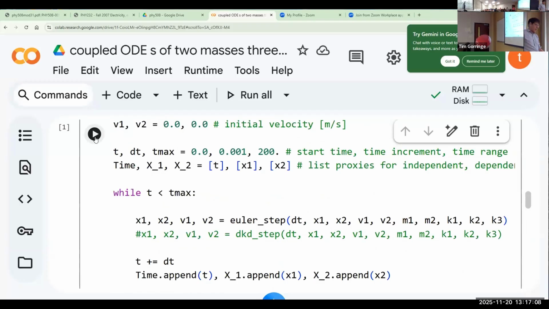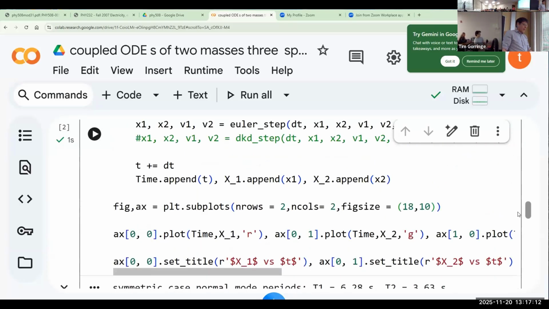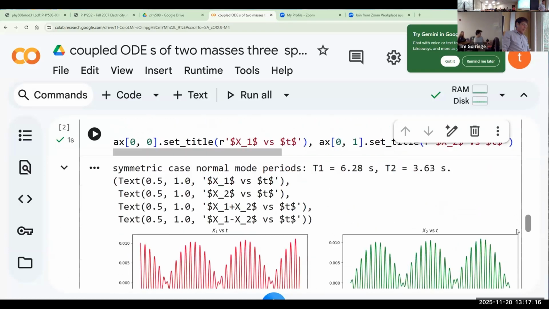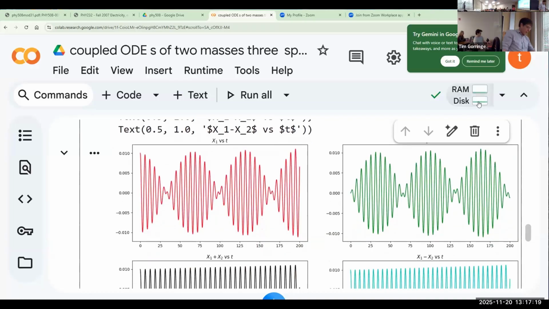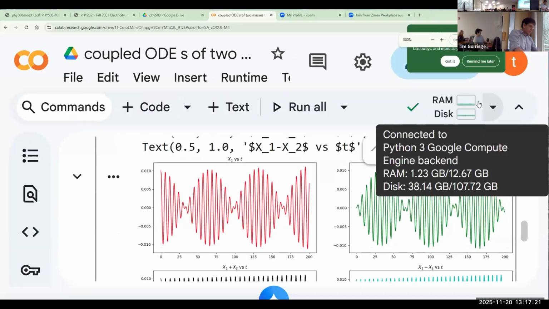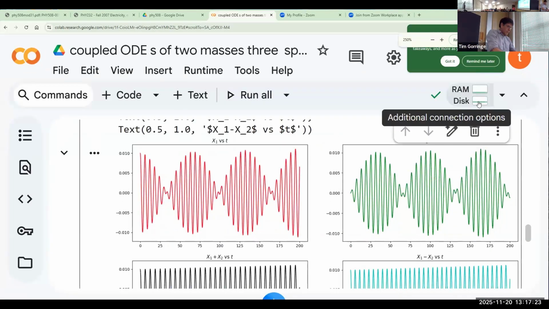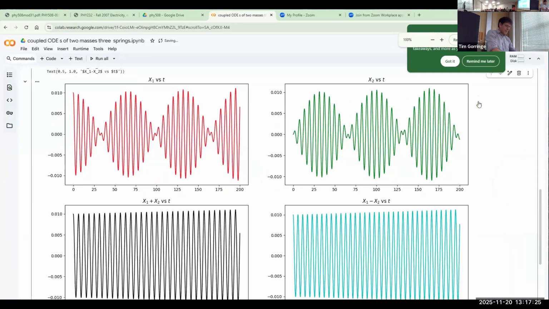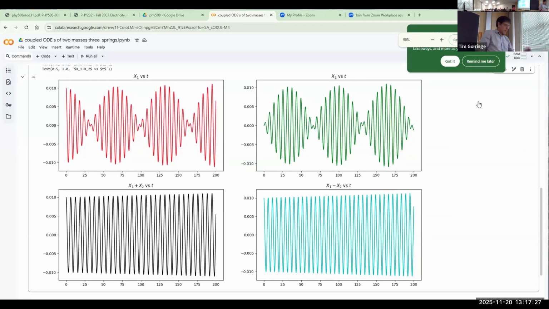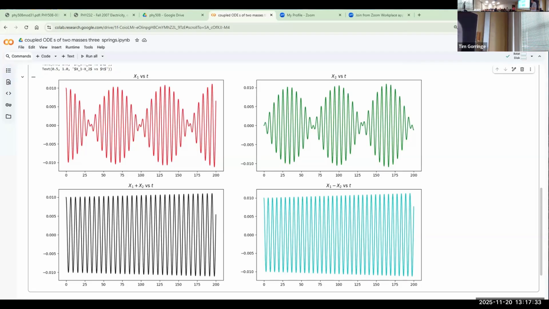Okay, let me run it. After doing all the calculations, I make 4 plots, and I won't go through the plotting code, but I will describe the plots. Okay, four plots. What are the 4 plots?